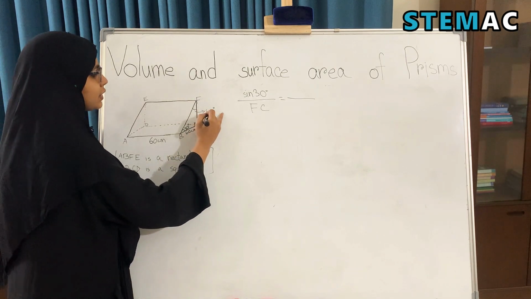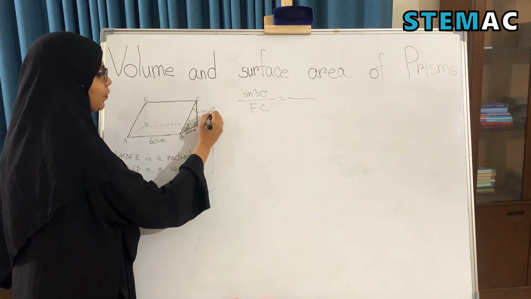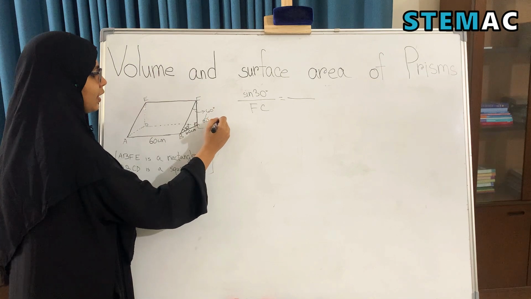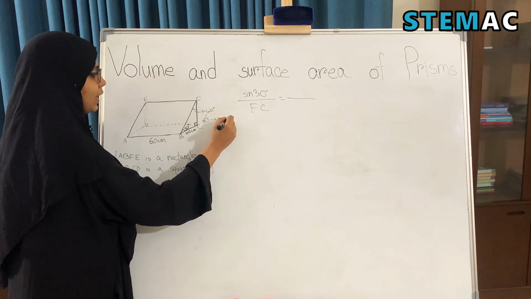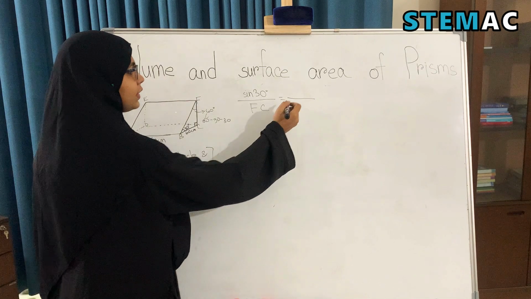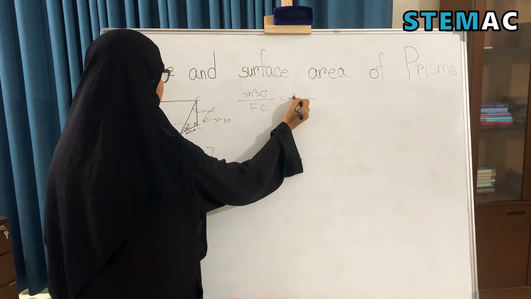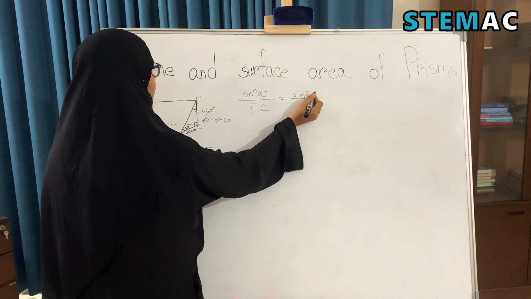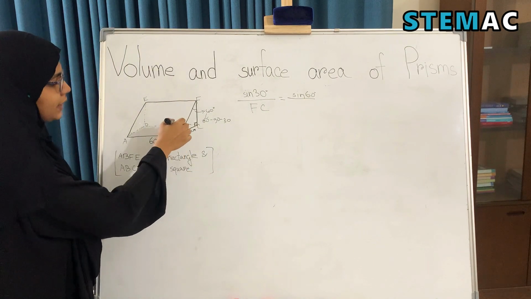We get this by 180 minus 90 minus 30. So we write sine 60 divided by 60.